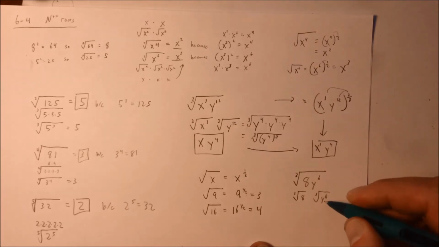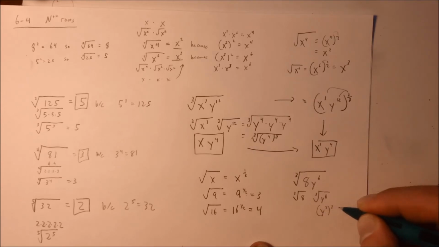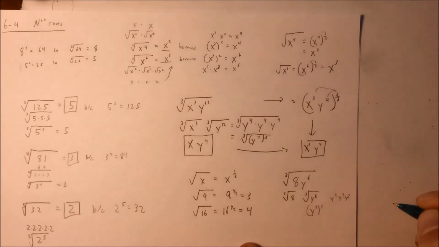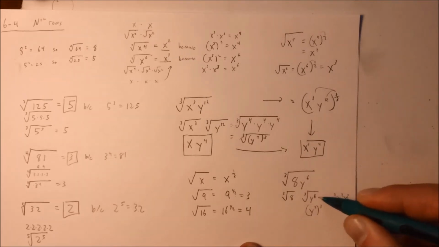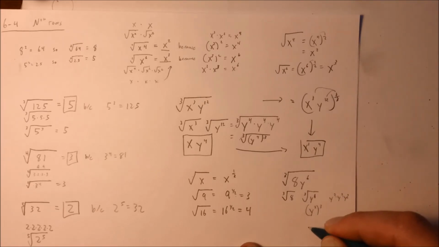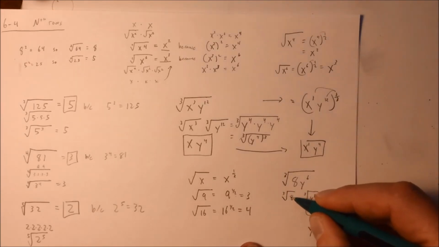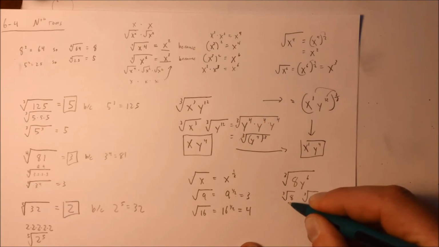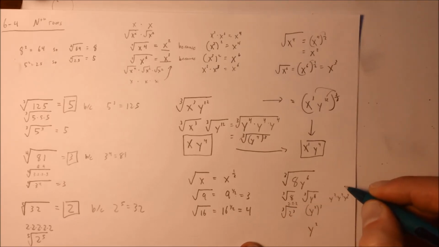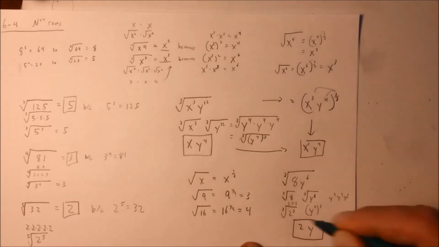Well, y to the 6th can be rewritten as y to the 2nd to the 3rd, because y squared times y squared times y squared is going to give me y to the 6th. And that's cubed, so my final answer is going to be y squared. 8, well, 8 can be written as 2 cubed. 2 times 2 times 2, 2 cubed. So the cubic root of 2 cubed is just going to be 2. So 2y squared is my final answer.